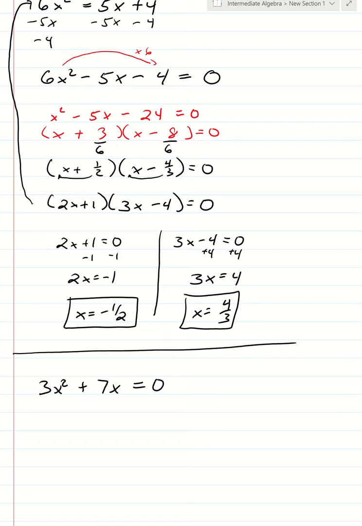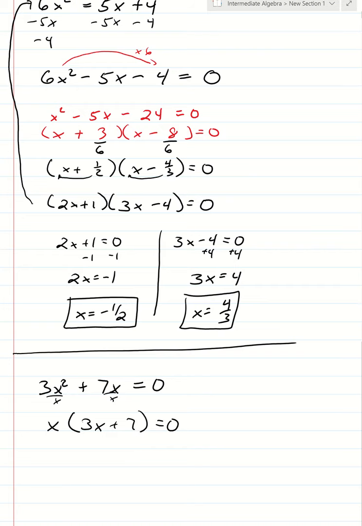Between these two terms, we have a greatest common factor of just x. If I factor out an x from the first term, I am left with 3x. And if I factor out an x from the second term, we're left with plus 7. So now I have x(3x + 7) = 0.